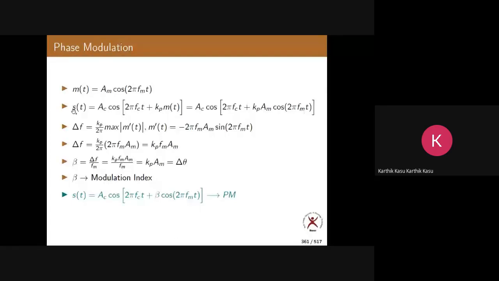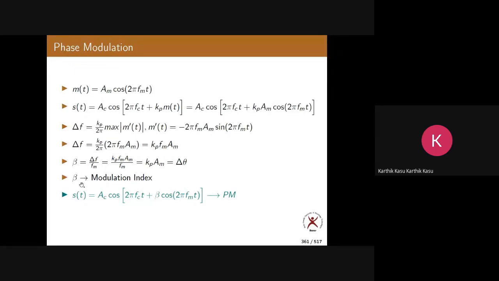So what is S of t? S of t equal to AC cos 2 pi fct plus Kp m of t, that further equals AC cos 2 pi fct plus Kp am cos 2 pi fmt. But what is Kp am? We are writing Kp am as beta, the modulation index. So in this expression of S of t, in place of Kp am, I can substitute beta.